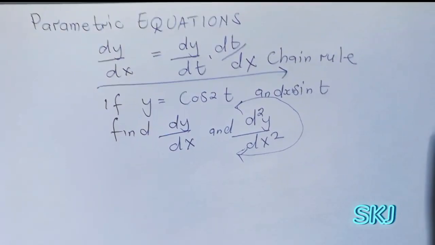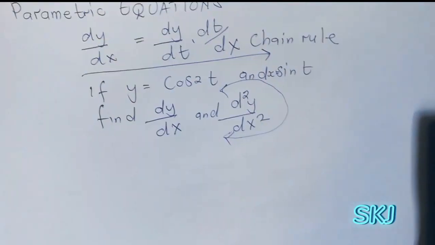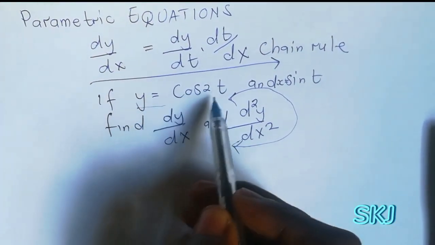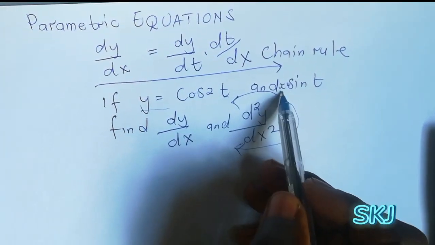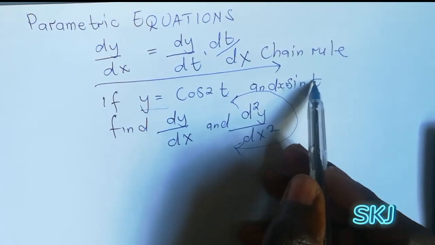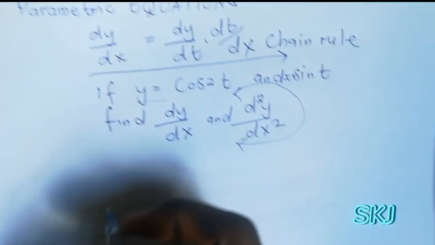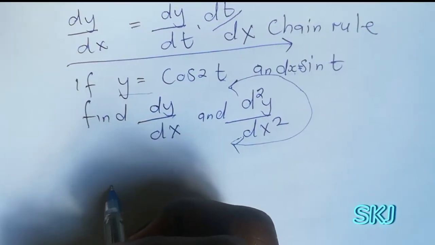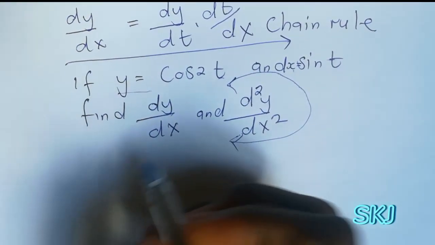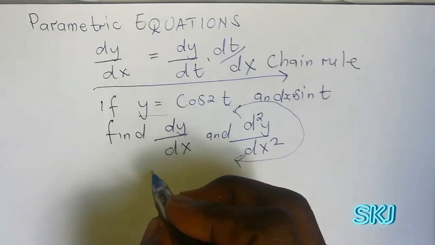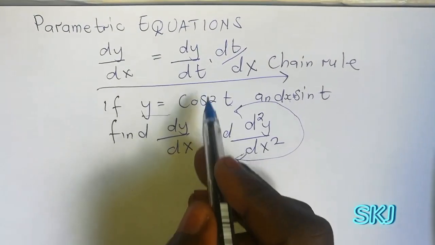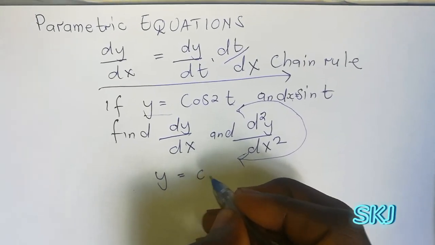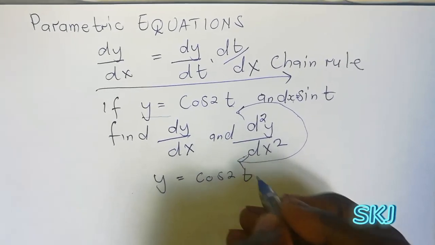What am I supposed to do? I'm supposed to first differentiate y in terms of t, and differentiate x in terms of t. Let me start with y equals cos 2t.